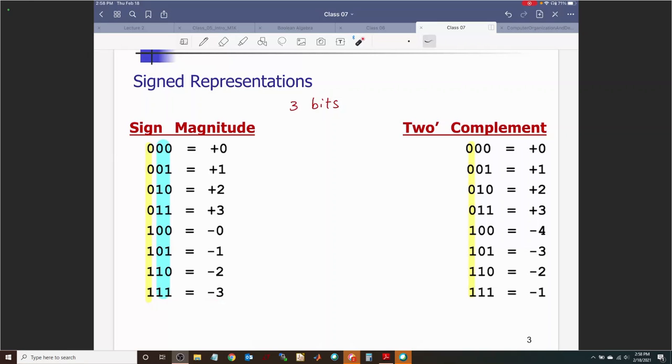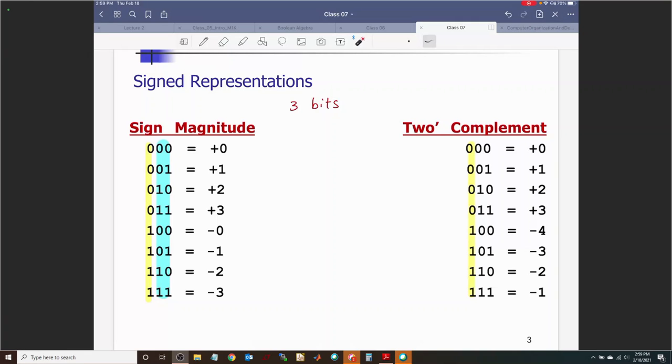Think about how you are going to add things, how you are going to subtract things. You will end up needing a comparator. So we move away from that and look into 2's complement, which works very well for addition and subtraction. You can use the same hardware no matter what operation you are trying to do, addition versus subtraction. That makes it a lot more attractive, and that's what we are going to use for arithmetic even in our course. That's the popular scheme to represent signed numbers.